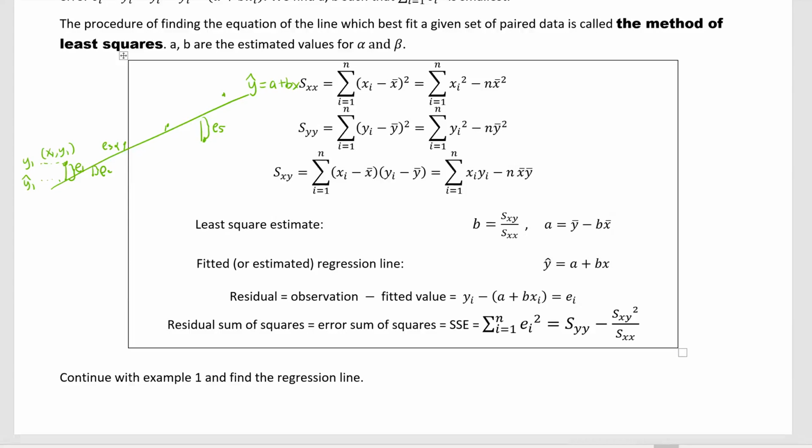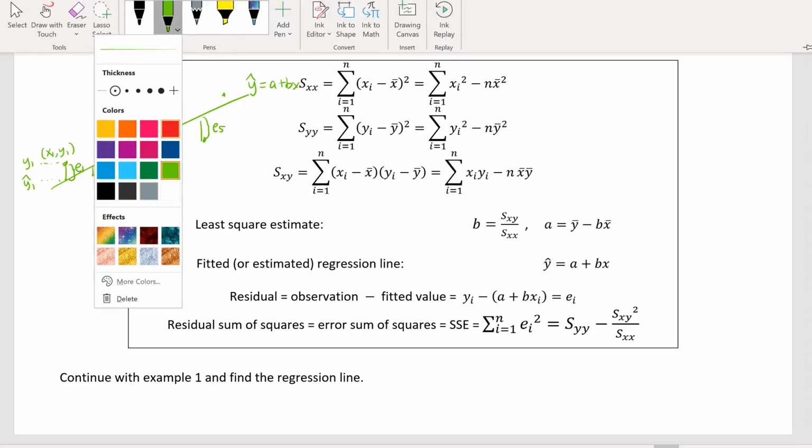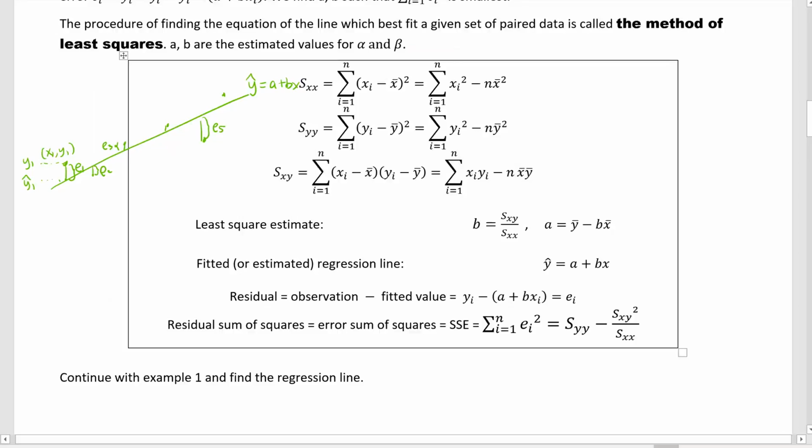First of all, let me define SXX. So let's define SXX to be the sum of xi minus x bar squared. So x bar is the sample mean for x. Okay, so what is this guy? Well, we can expand it.